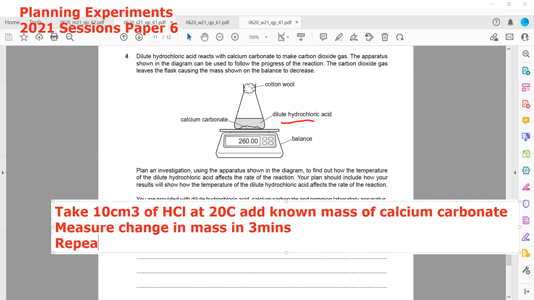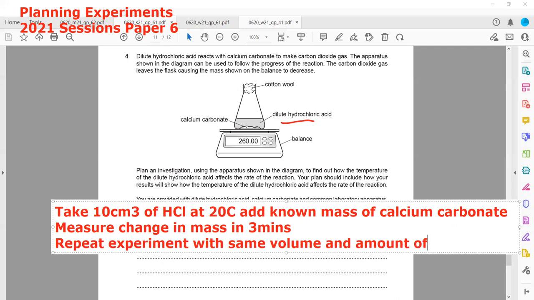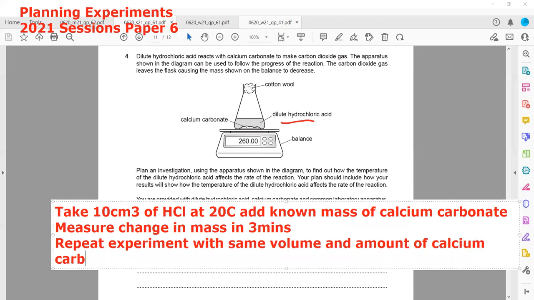Then we'll repeat the experiment with the same volume and amount of calcium carbonate at 30 degrees centigrade.